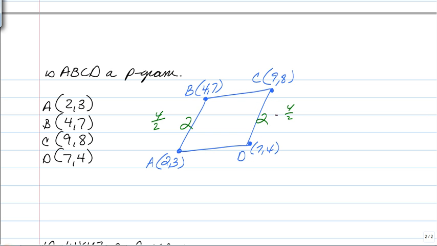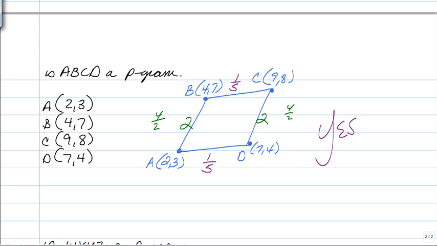So we have one set of opposite sides that is parallel. Now we work on the next one. 8 minus 7 is 1, over 9 minus 4 is 5. Now we do it one more time. 4 minus 3 is 1, over 7 minus 2 is 5. So yes, this is a parallelogram because both sets of opposite sides are parallel using the slope.